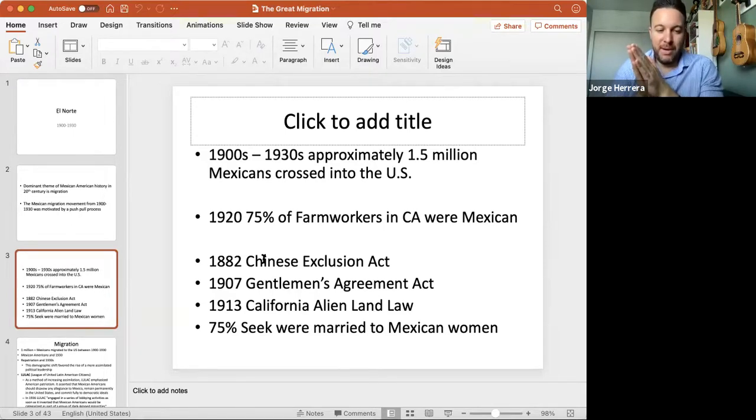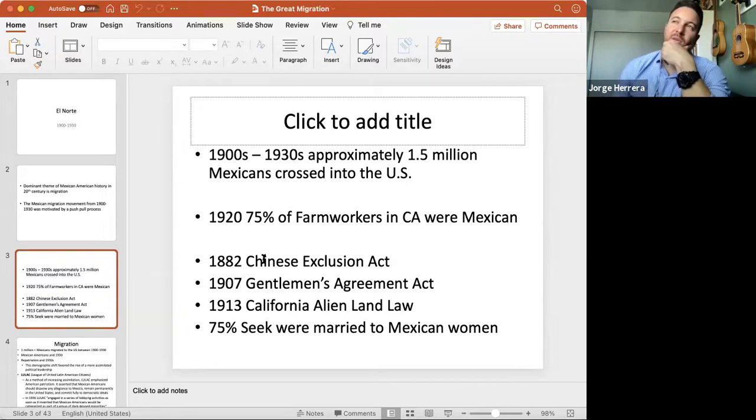So if you look at Mexico now, you have rich people and you have very, very poor people. 9 out of 10 indigenous people in Mexico are impoverished, right? In other words, they're super poor. They don't know what they're gonna eat the next day. Very poor people in Mexico, and then very rich, and there's not much of a middle class that exists in Mexico.